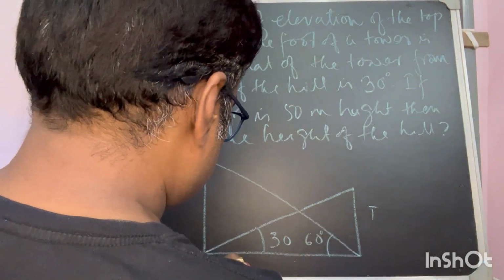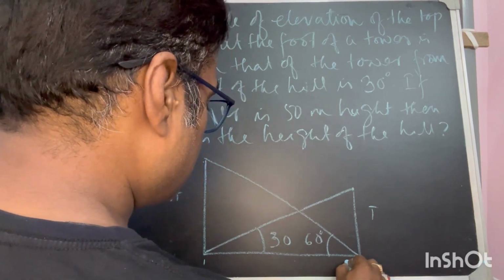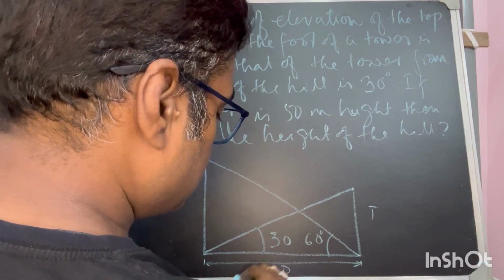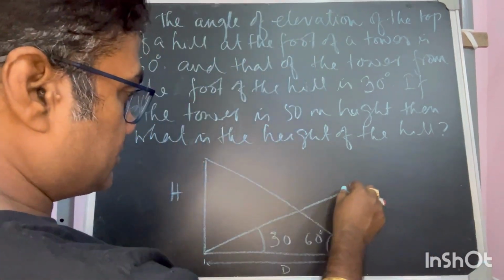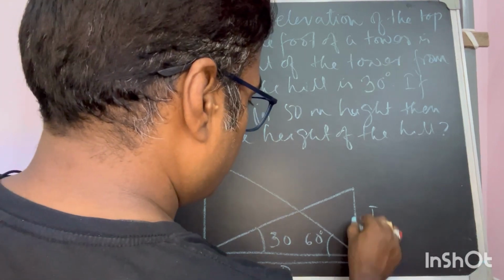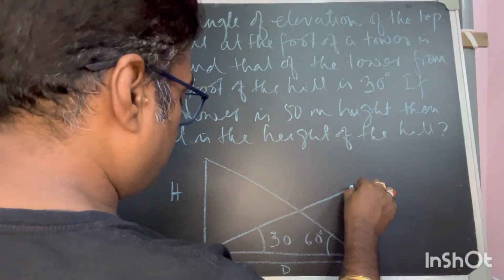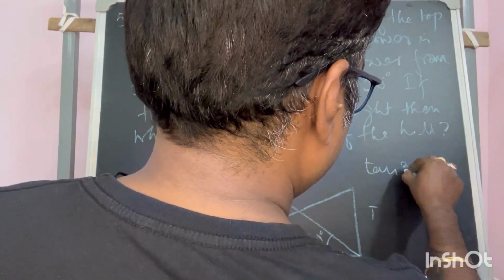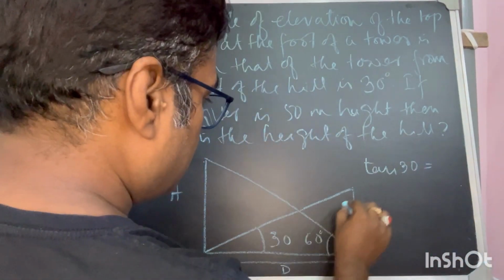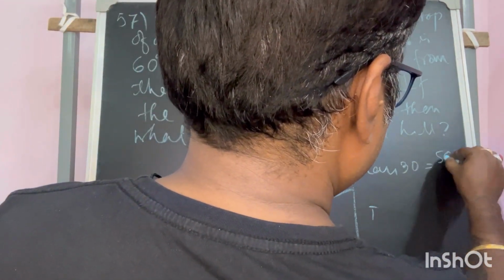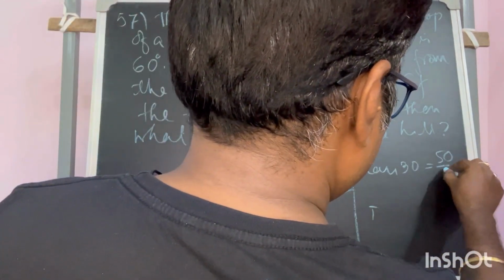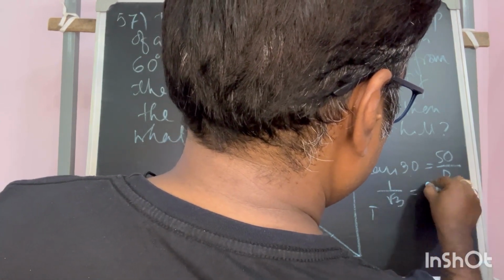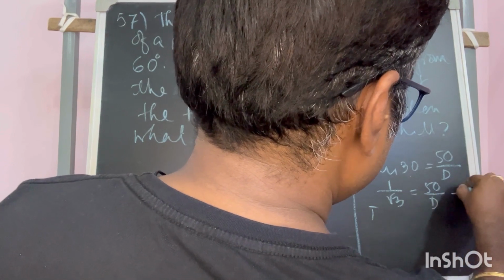This distance is fixed because this is the mutual distance between these two, so I can take it as D. If I consider this triangle, when I am seeing the tower top from the foot of the hill, that will give you tan 30 is equal to the height of the tower 50 divided by the distance D. So 1 by root 3 is equal to 50 by D. So that is your first equation.